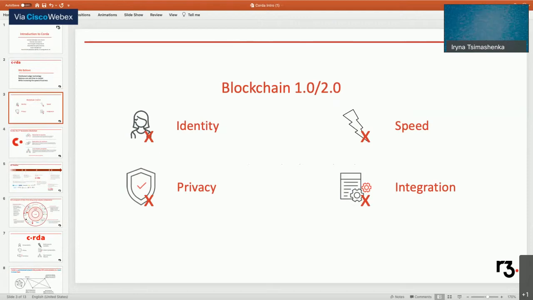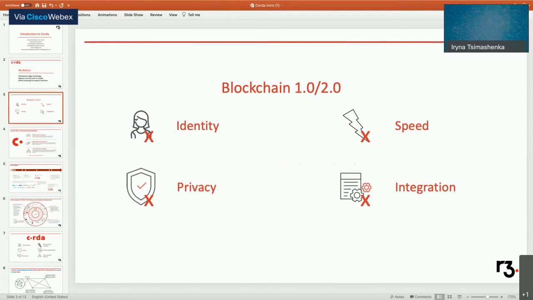You can only see a public key of your counterparty, but you will never find out who they are. So when you have to send money to them, you have to send money to their public key. From an individual point of view, that might be just fine. But from a business point of view, this is not an acceptable scenario. You have to know with whom you are having business.